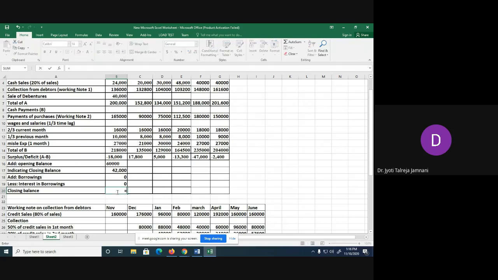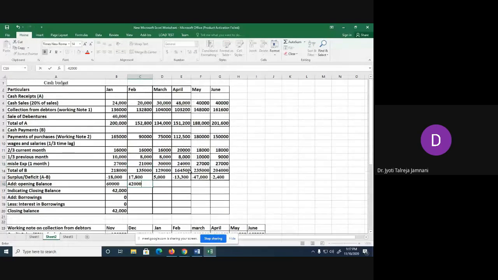So we'll do equal to 42,000 plus the borrowings, which is 0, and minus the interest, which is 0. So that will remain 42,000 as it is. Now this 42,000 closing balance of January will become opening balance for February.